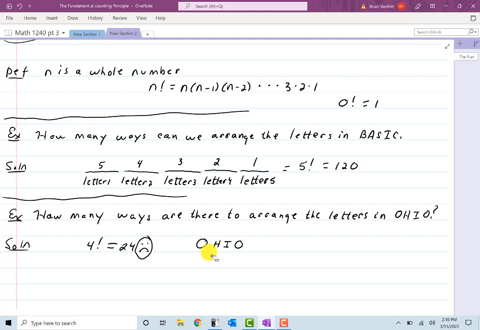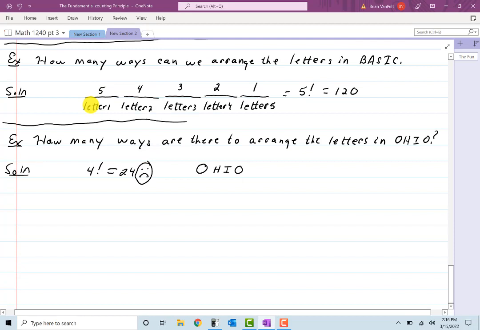So there's only actually 12 outcomes. It's close to what we have as 4 factorial, and that plays a role. We'll take 4 factorial, but then we'll notice that there are 2 letter O's. It'll actually end up being divided by 2 factorial. 4 factorial is 24, and 2 factorial is 2. So this will actually equal 12 and not 24.